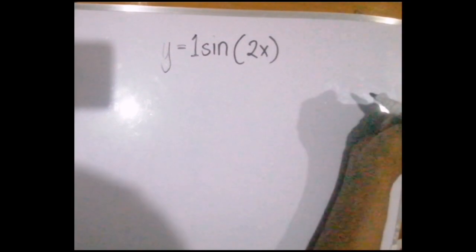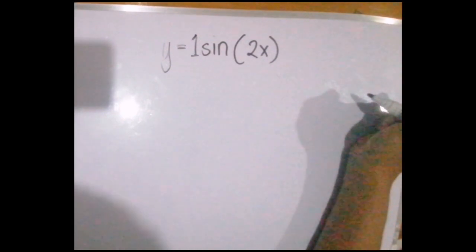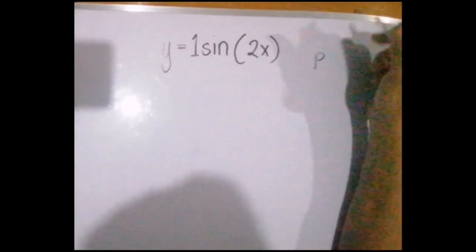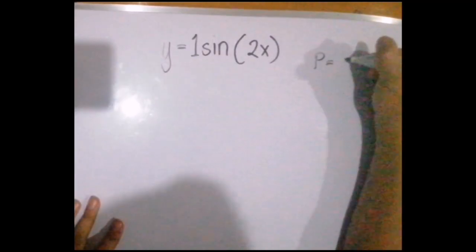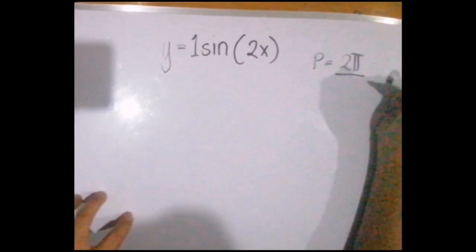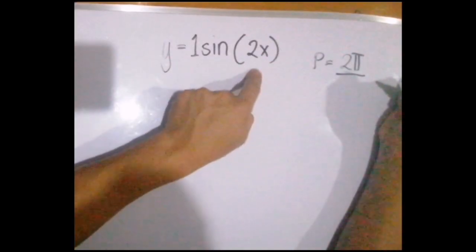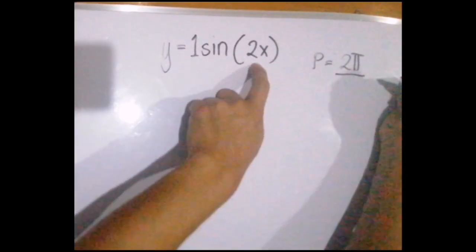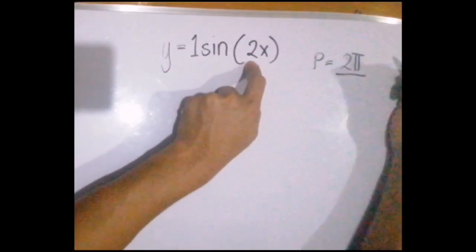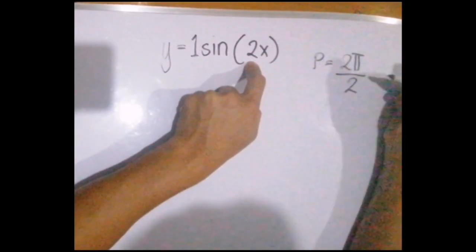And next is to find the period using the formula p equals 2 pi over the period. To locate the period, it is beside the x, which is 2.